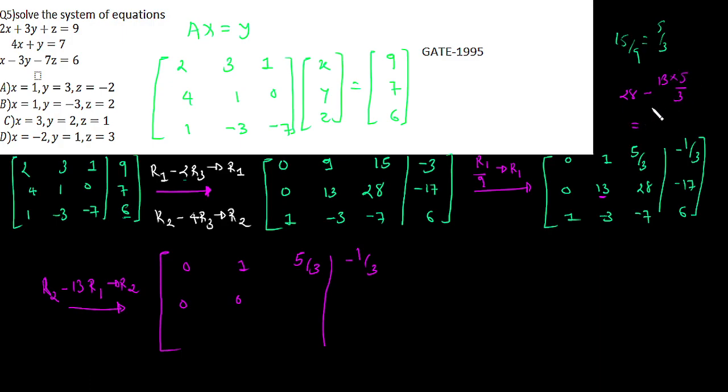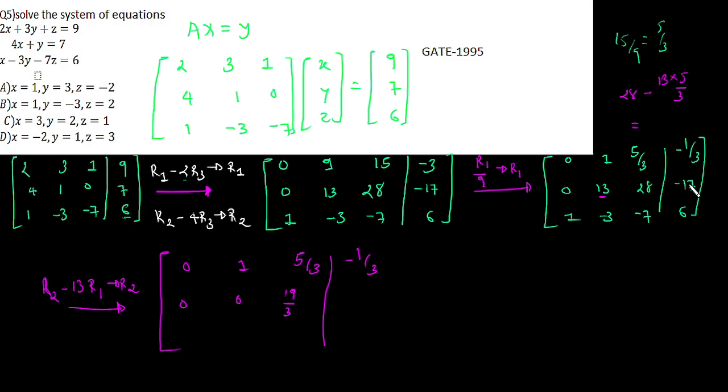So here what we are getting is 19 by 3. If we multiply this 3 with 28 and subtract 13 multiplied with 5, and the 3 in the denominator remains as it is.